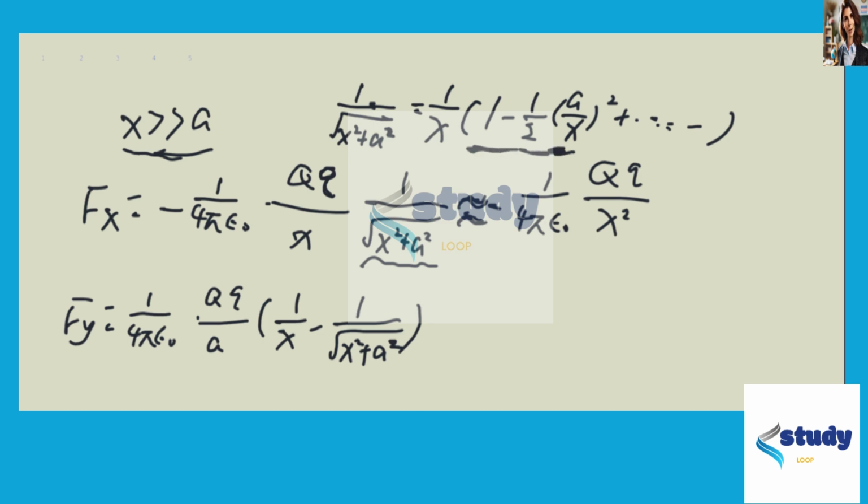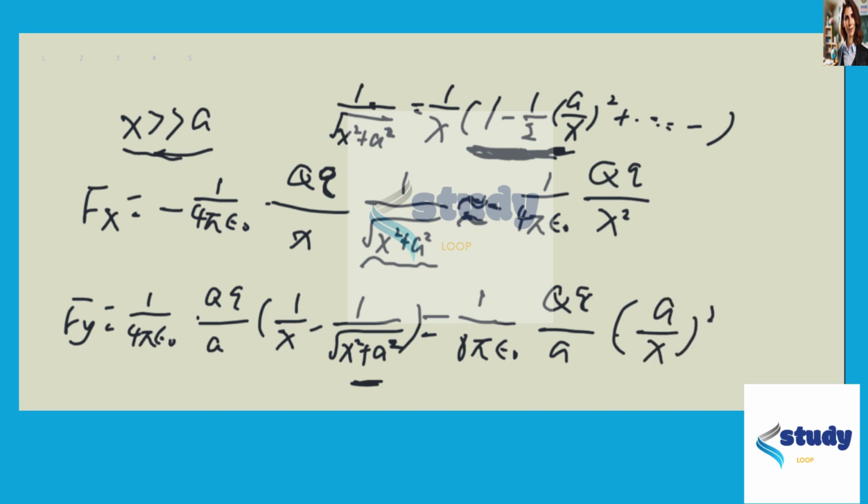I'll plug the first two orders into this expression, and we can see that this equals 1 over 8 pi epsilon naught times Q over A times a over x squared, times an extra 1 over x.